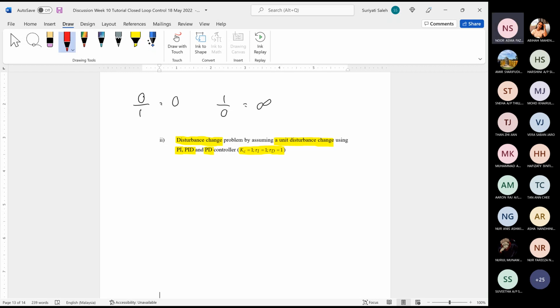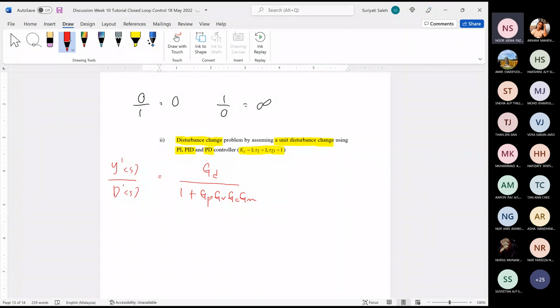For the disturbance change, normally you will have Y prime S over D prime S, which is GD divided by 1 plus GP, GV, GC, and GM. So this is your disturbance change transfer function. We just use it as it is.